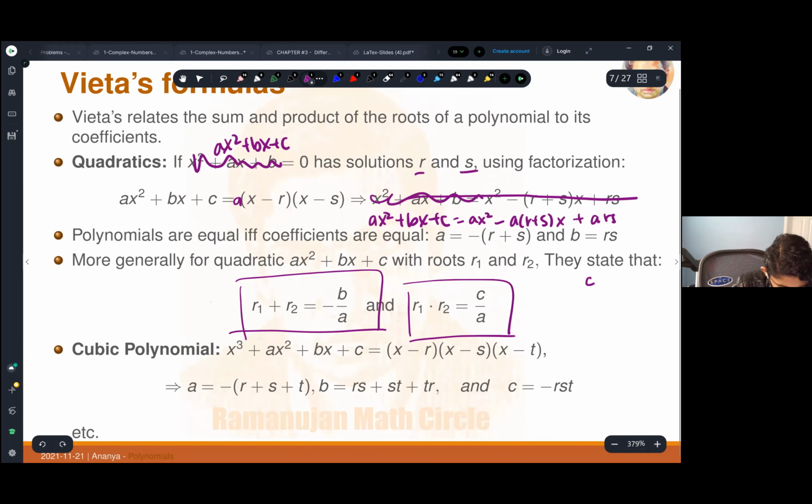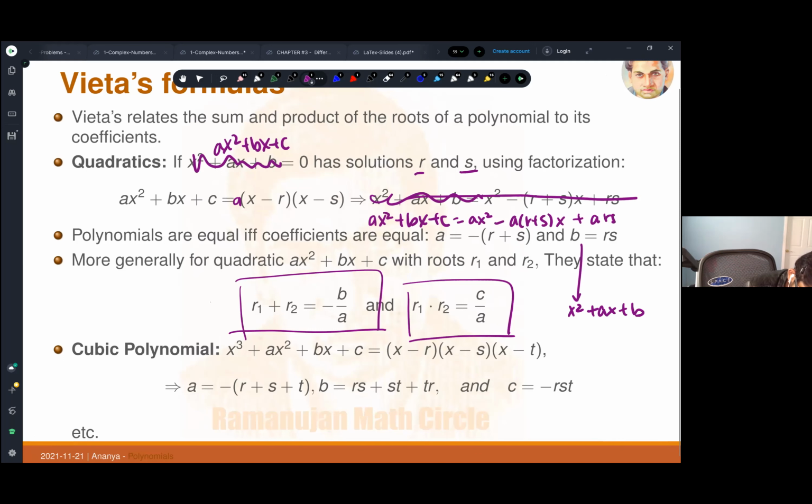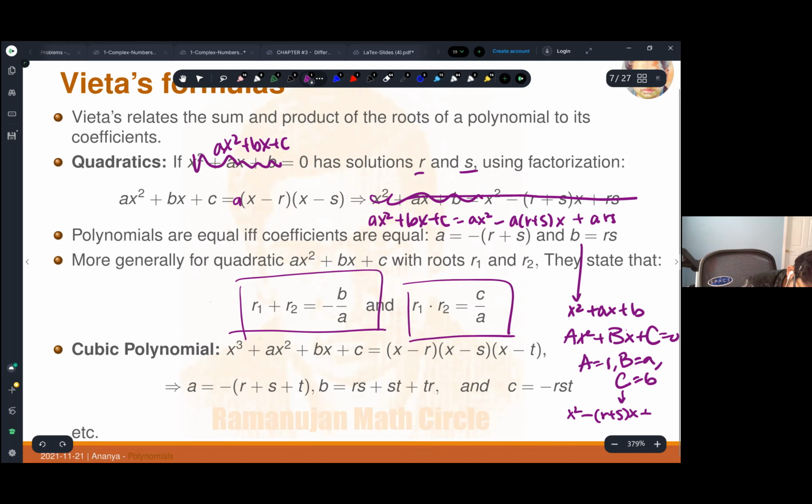And that should make sense because, well, let's look at the x squared plus ax plus b form, and say our original polynomial had capital A x squared plus B x plus C. Setting A equal to 1, B equal to a and C equal to b, we get x squared minus (r plus s) x plus rs.